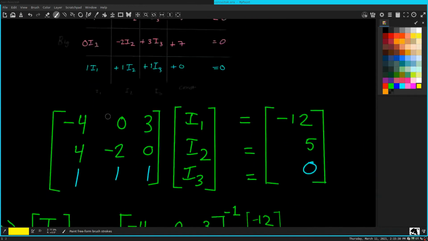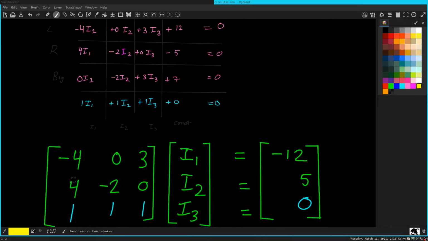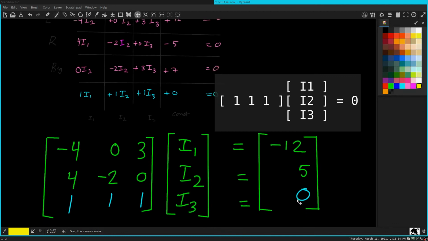So minus 4, 0, 3, and then move the constant terms over. Minus 4, 0, 3 dotted with this vector is going to equal 12. 4, minus 2, 0 dotted with this vector is going to equal 5. These first two are the loop rule, and this one is the junction rule: 1, 1, 1 equals 0.